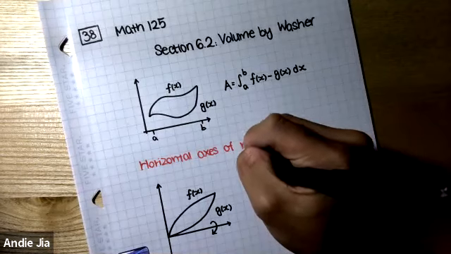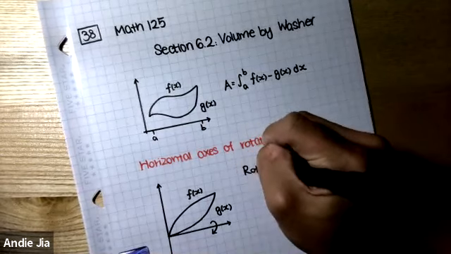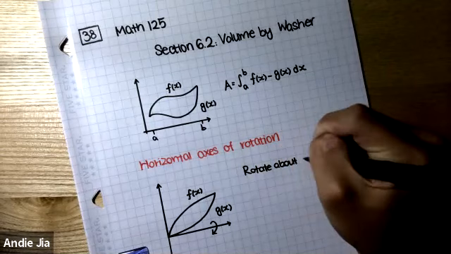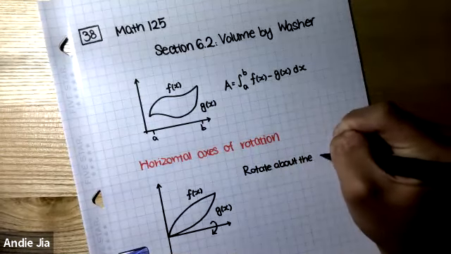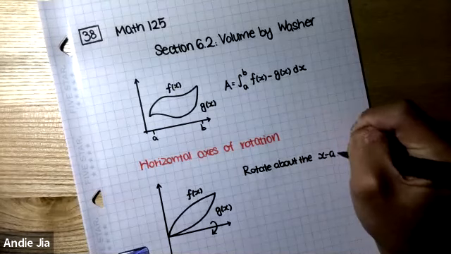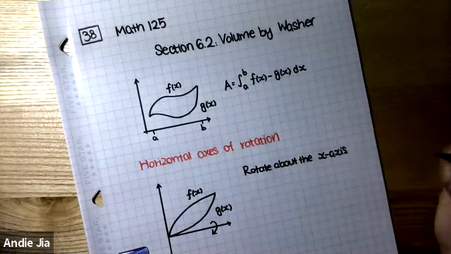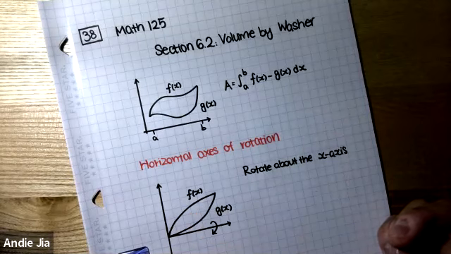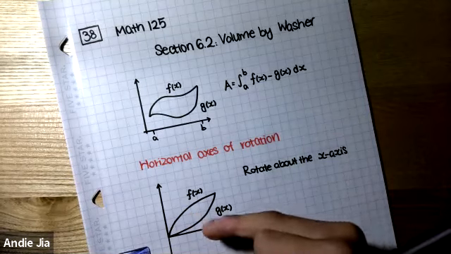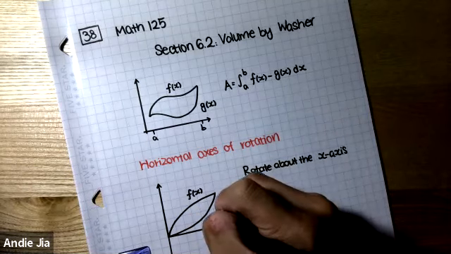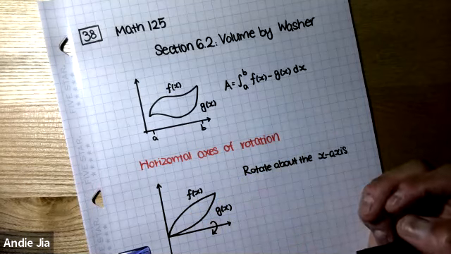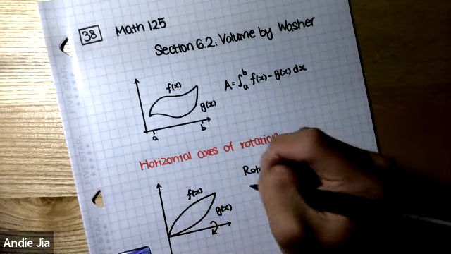If it's rotated about the x-axis and there are two functions, we call them the outer radius and inner radius, because this is a washer.